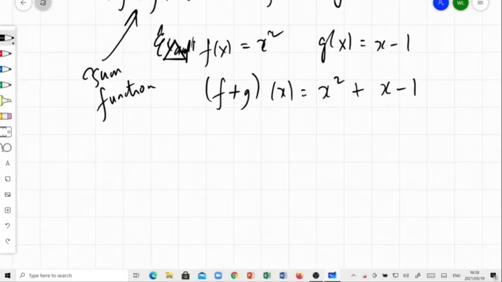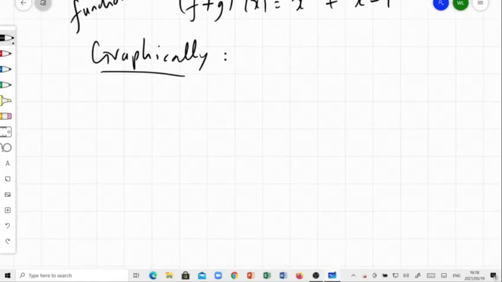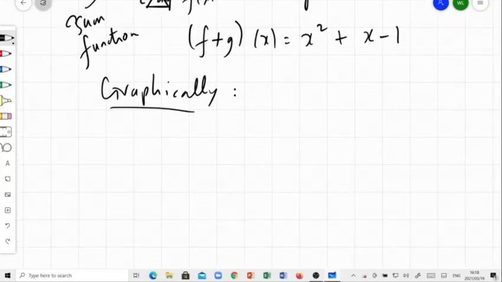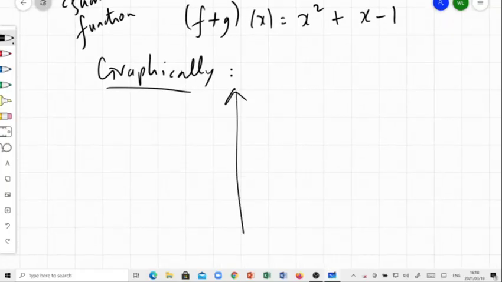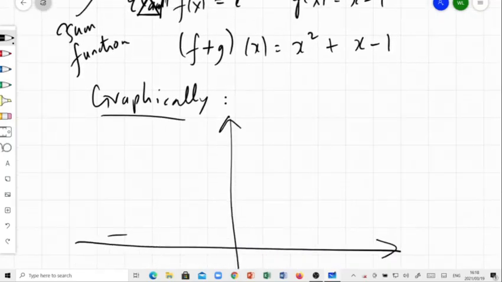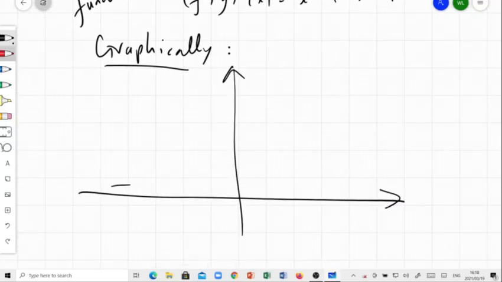Now let's see how the sum function looks graphically. Here's the graph of the first function, f of x equals x squared. Let's put it in red, so it's this nice parabola.